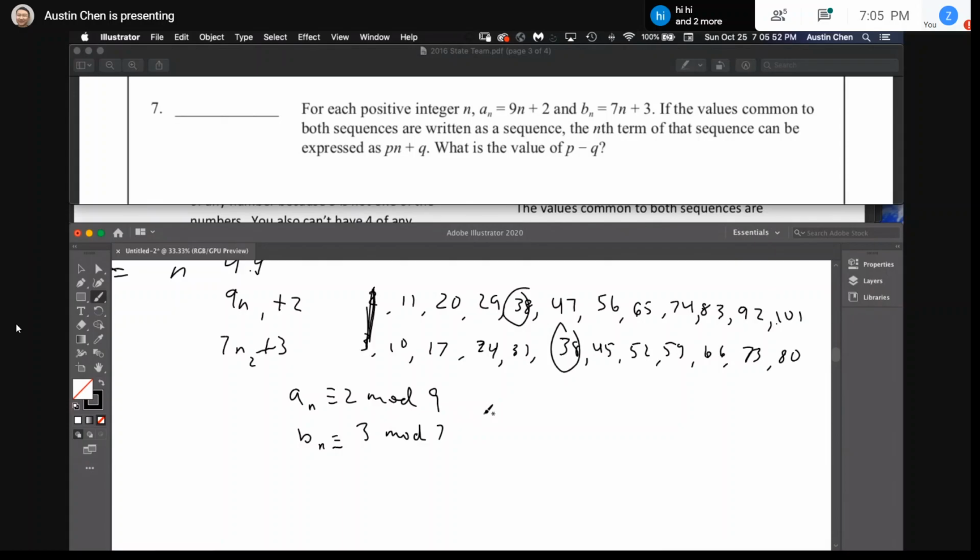Basically our sequence is going to be repeating by, wait, am I dumb?